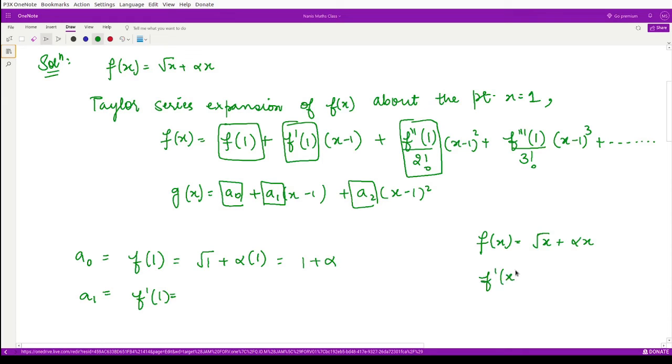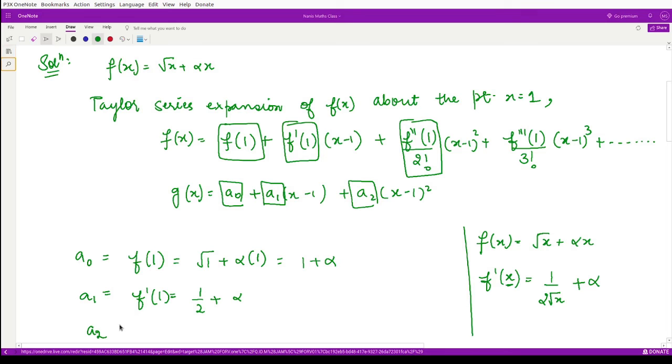The derivative of f(x) is 1 divided by 2 square root of x, plus alpha. When you substitute x equals 1, you have 1 by 2 plus alpha. So this is your a1.